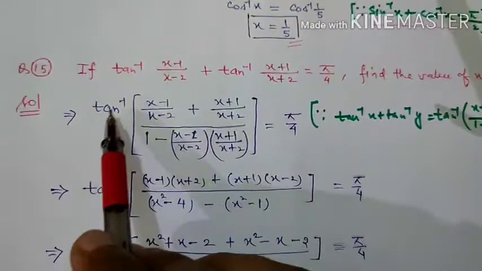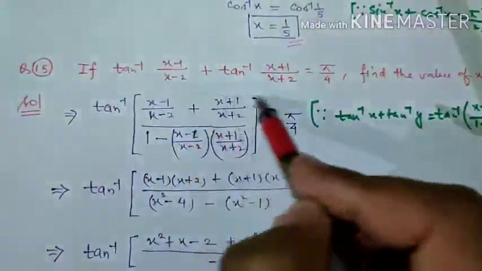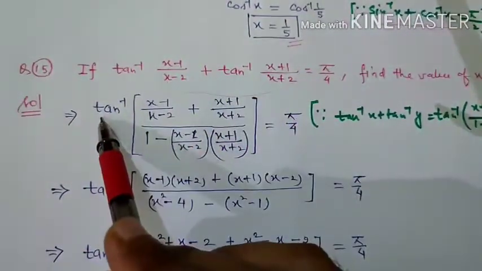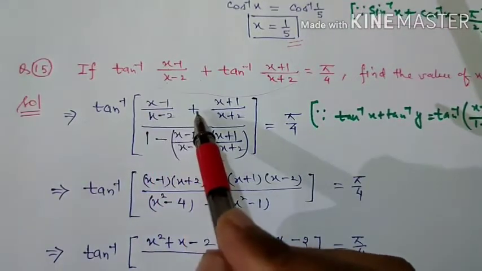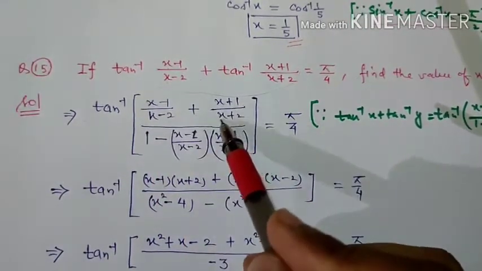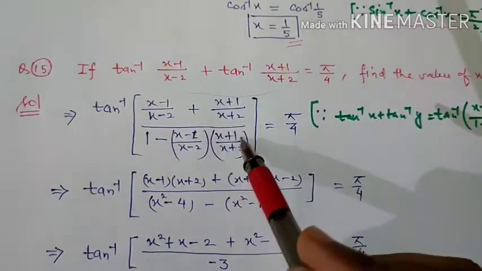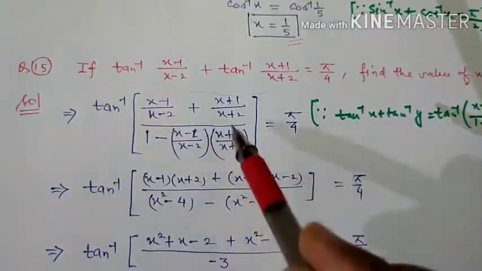So we'll use the tan⁻¹x + tan⁻¹y formula on this side. By the formula we can write tan⁻¹[((x−1)/(x−2) + (x+1)/(x+2)) / (1 − ((x−1)/(x−2))((x+1)/(x+2)))] is equal to pi by 4.